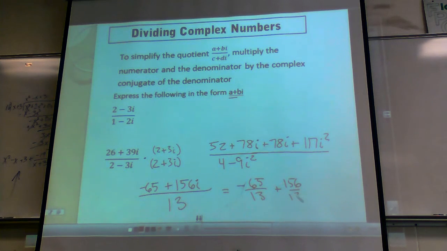Oh, negative 5, and that was 12. There you go.